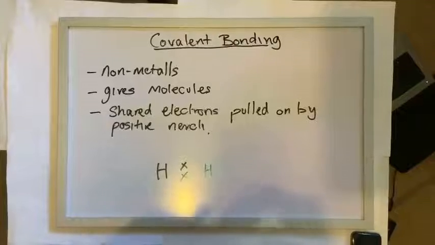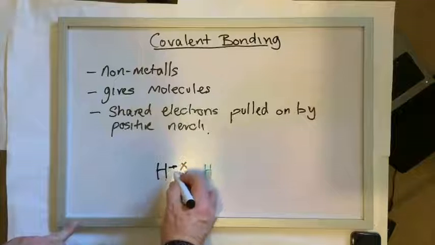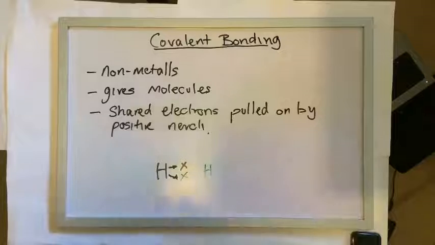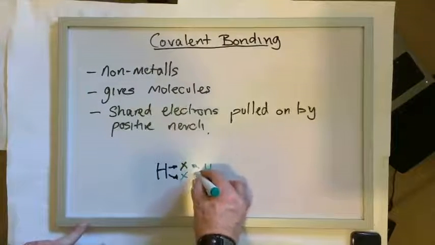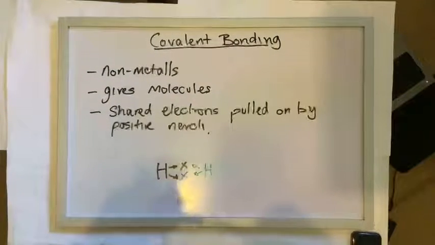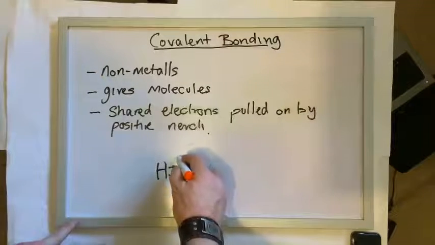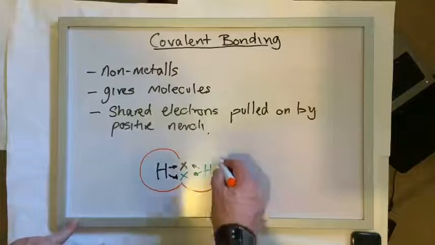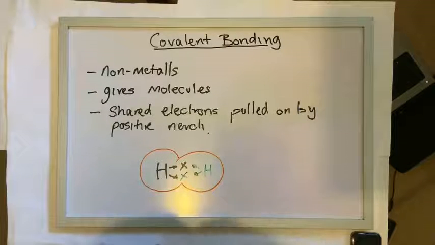In that case, we have hydrogen pulling on both of them, the left hand hydrogen and the green hydrogen pulling on both on the right hand side. And for part of the time, the two electrons are going around the left hydrogen, and for part of the time, they're going around the right hydrogen. And both hydrogen atoms behave like they have a full shell of 2.